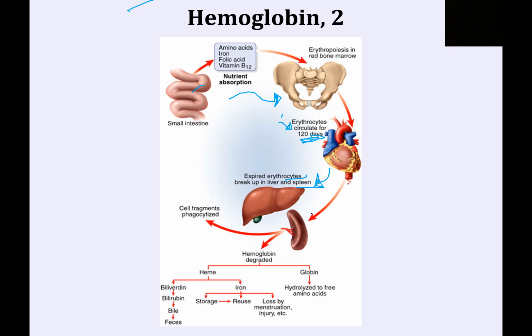When they die off, the spleen and the liver are going to recycle them. So we break it into heme and globin, biliverdin, bilirubin produced. We recycle the iron, and if we could see behind this, you would see the bile salts as well. We reuse the amino acids in the globin portion.